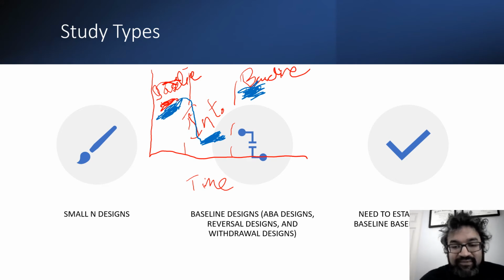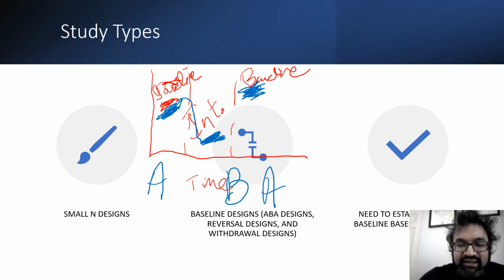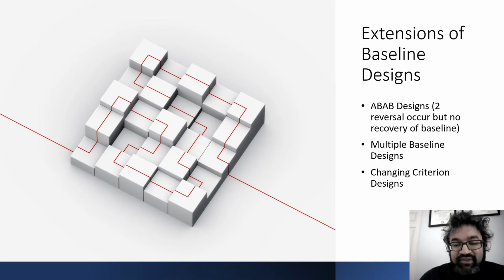So this is a traditional A, B, A style design. But there are alternatives to this, and one thing to remember is that you have to take a visual inspection of what is going on rather than providing concrete numbers.